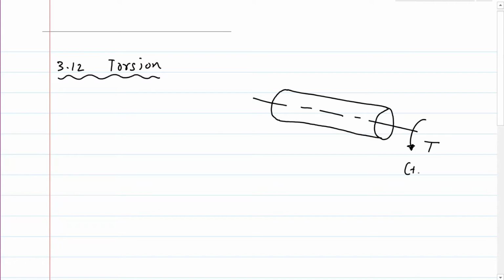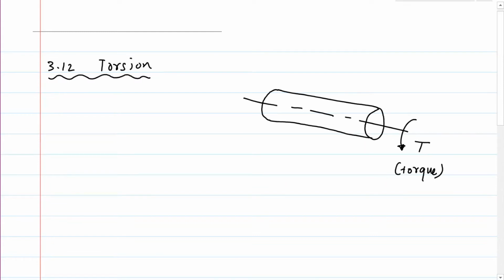This is the torque. That's the length, say. And say that this is the radius of the cylinder.